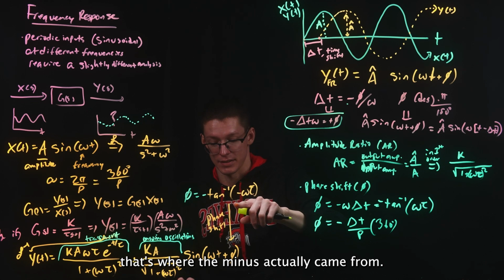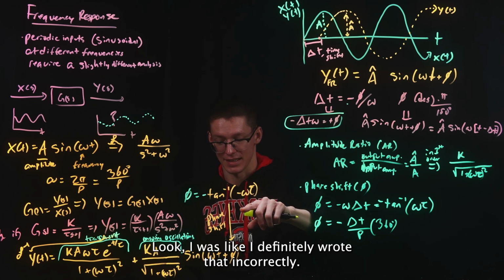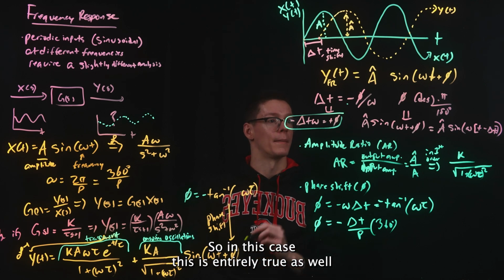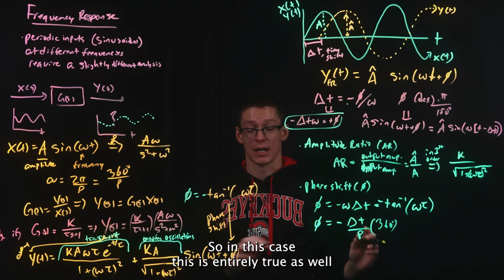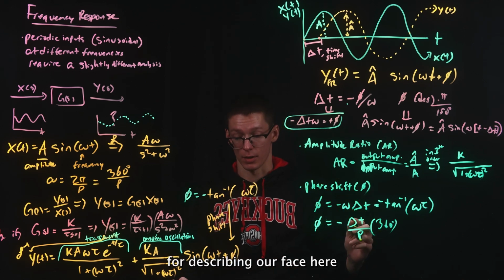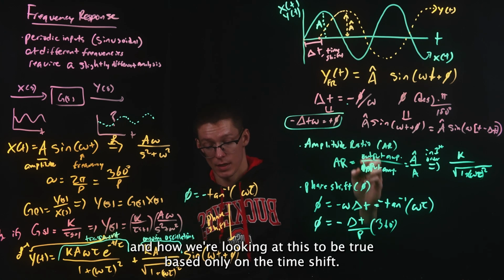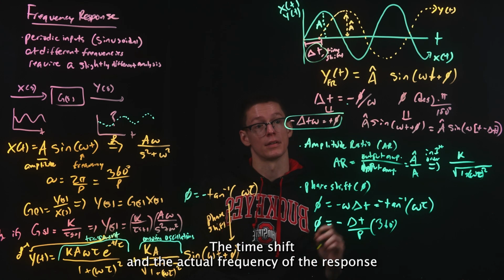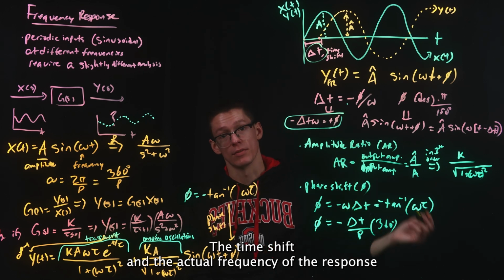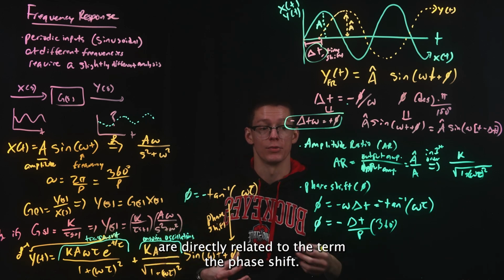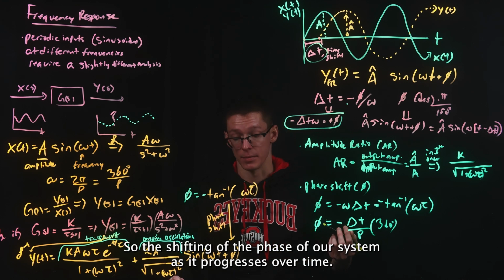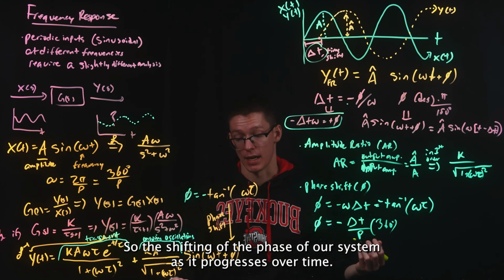That's where the minus actually came from. I definitely wrote that incorrectly, my apologies. So this is entirely true as well for describing our phase. The time shift and the actual frequency of the response are directly related to the phase shift, the shifting of the phase of our system as it progresses over time.